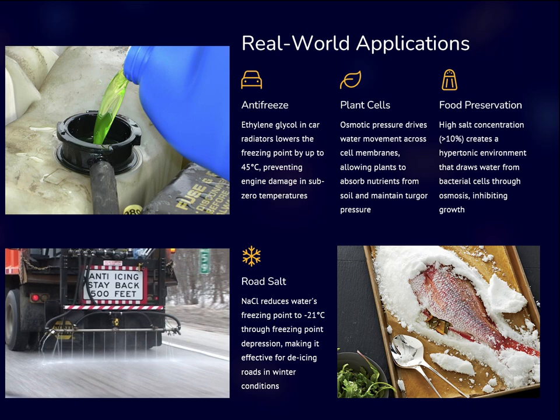Colligative properties are all around us in daily life. Think about antifreeze in a car's radiator. Ethylene glycol lowers the freezing point so the liquid doesn't freeze in cold weather. Or consider how salt is used to melt ice on roads in winter. By lowering the freezing point, it prevents ice from forming even when the temperature drops below 0 degrees Celsius.